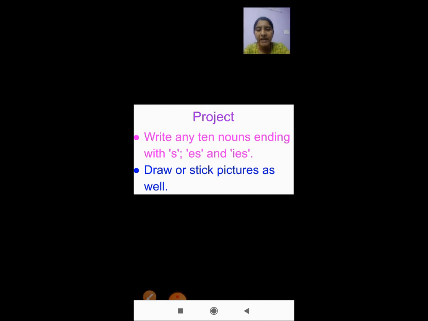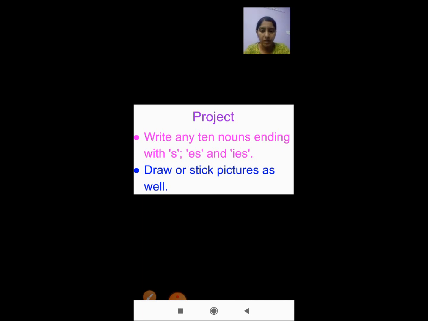So just write 10 nouns ending with these letters, S, ES and IES. You can also draw or stick pictures. You can draw the picture of those, like a booklet, you can make it however you wish. So you have to write the 10 words which end with S, ES and IES.